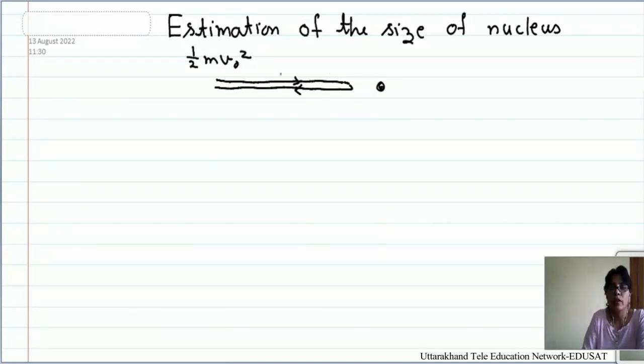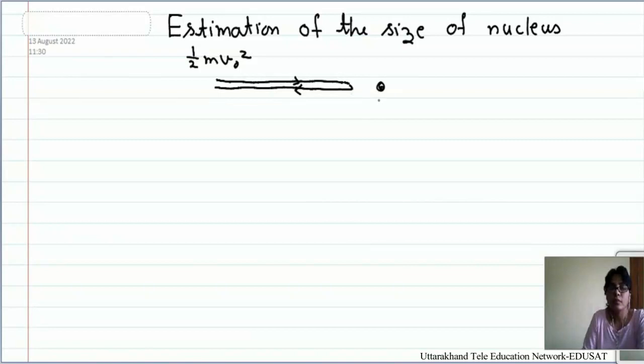The velocity becomes zero, and then it goes in the backward direction. So this is the event which happens in Rutherford scattering for this type of head-on collision.